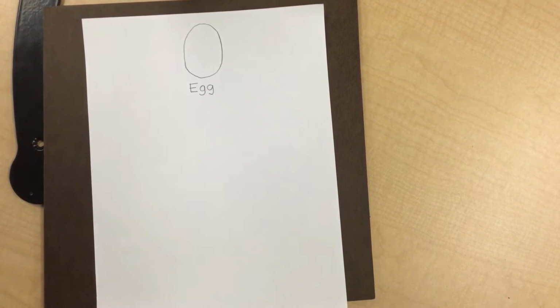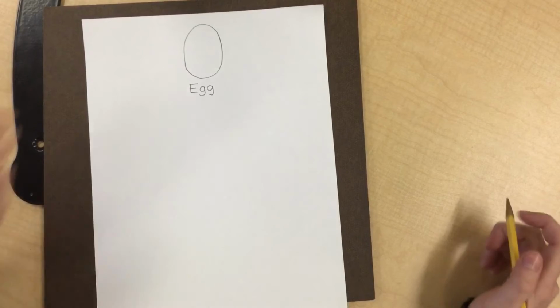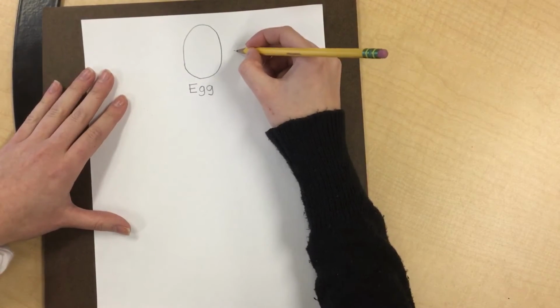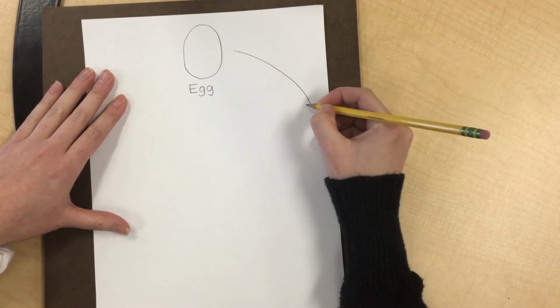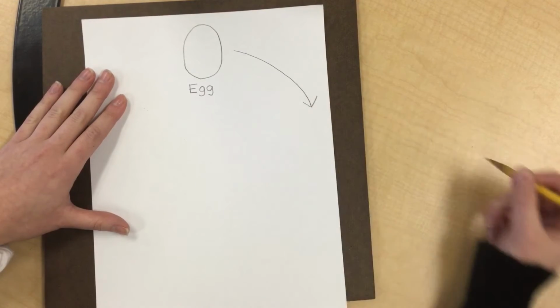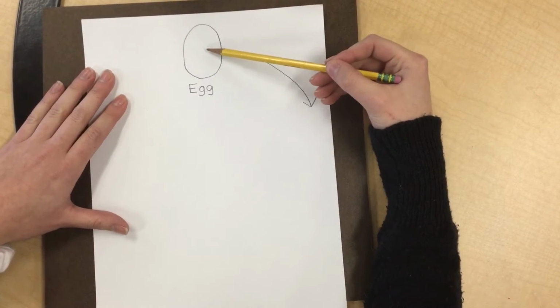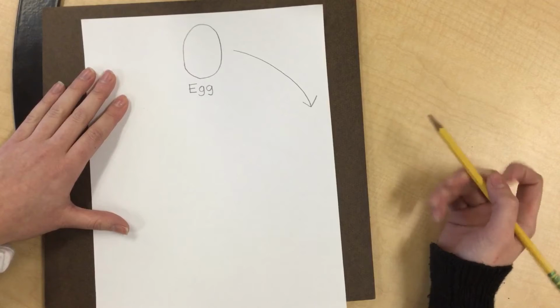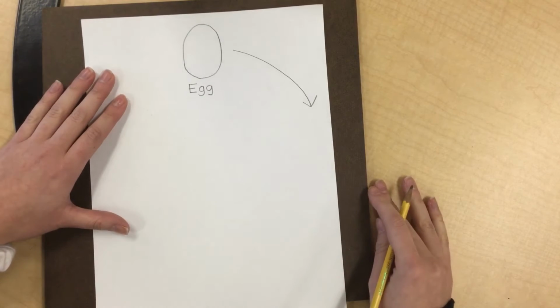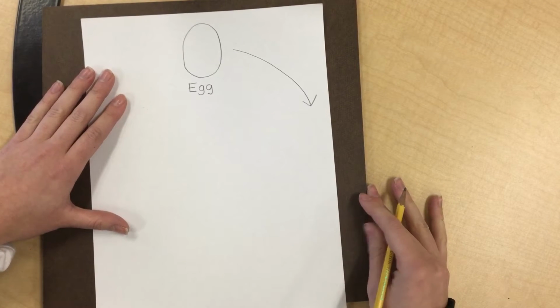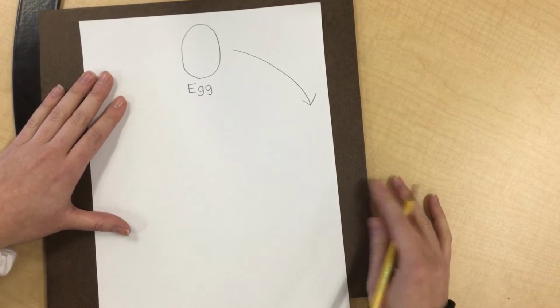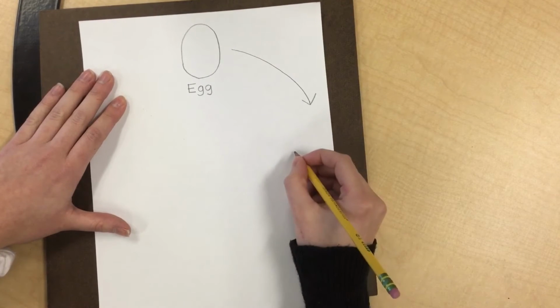Alrighty. We have our next step in our life cycle. I'm going to make a little arrow just to show that this is where we start. The next thing that happens, what happens to our egg once it has been in our incubator for 21 days? You got it. It's our hatching.